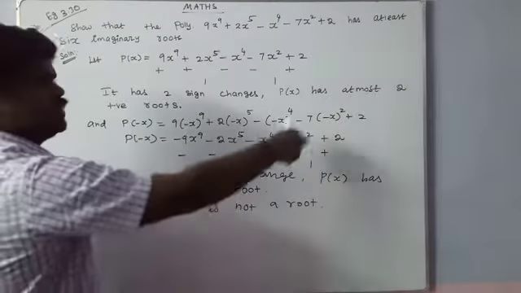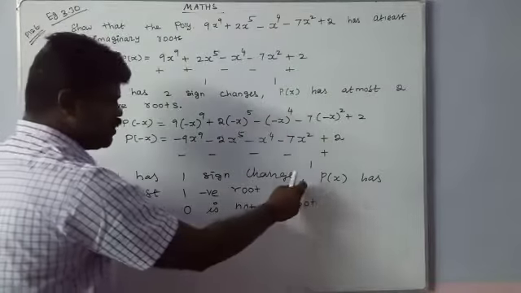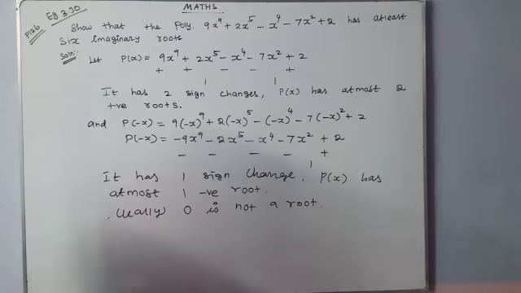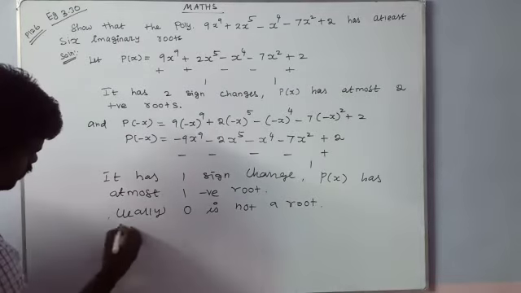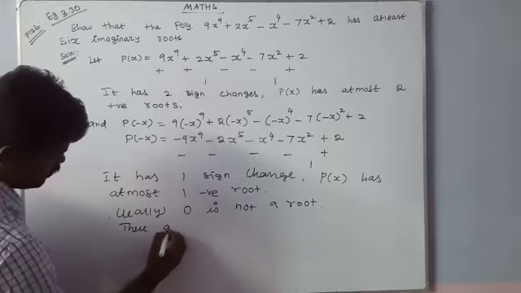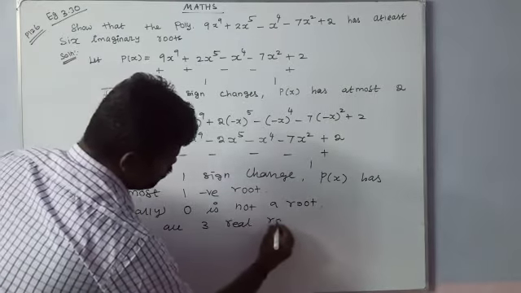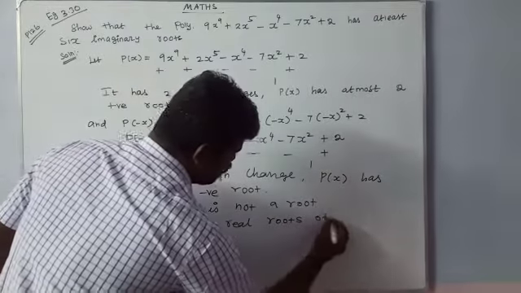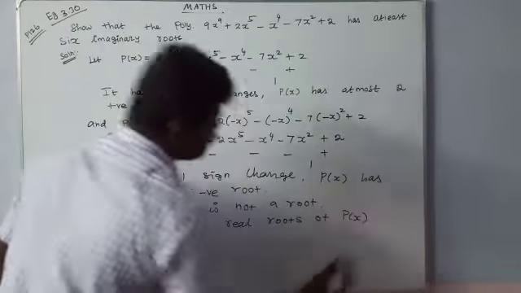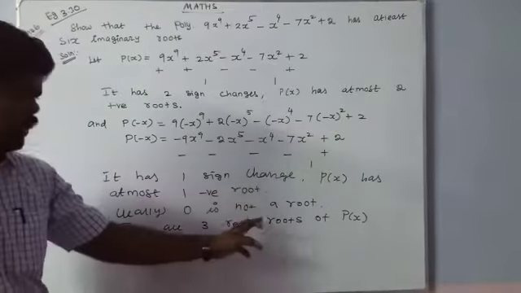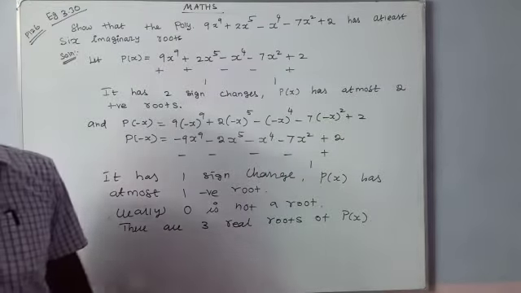So totally two positive roots and one negative root, there are three real roots. 0 is not a root, so we did not consider it, but we want to write it. There are three real roots of p of x.